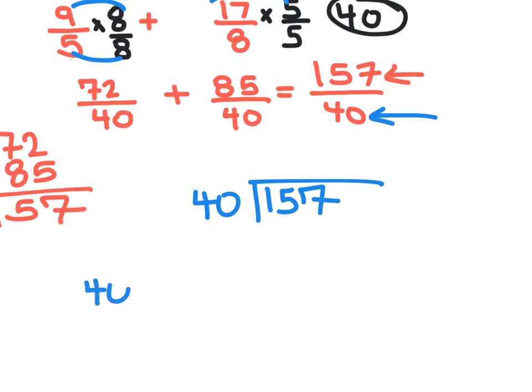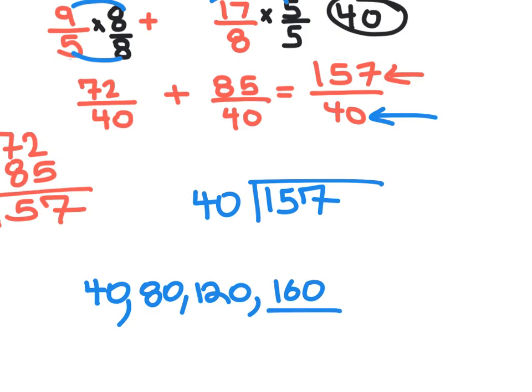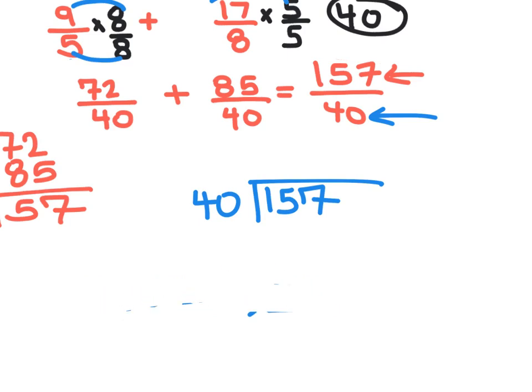So I know 40 times 1 is 40, 40 times 2 is 80, 40 times 3 is 120, and 40 times 4 is 160. 160 is too big, so I must use 120, and that's 3 fours. So 3 whole 40s fit into 157, and that was 120.